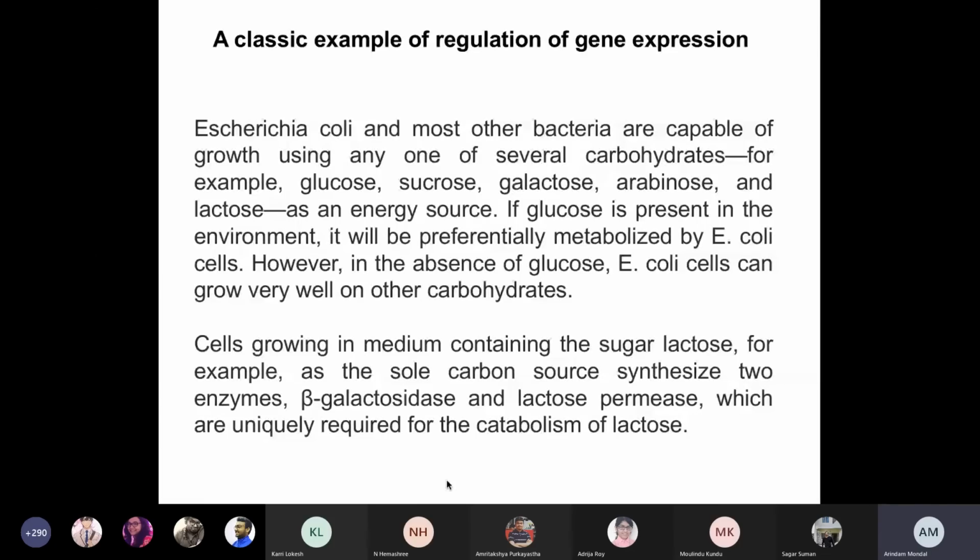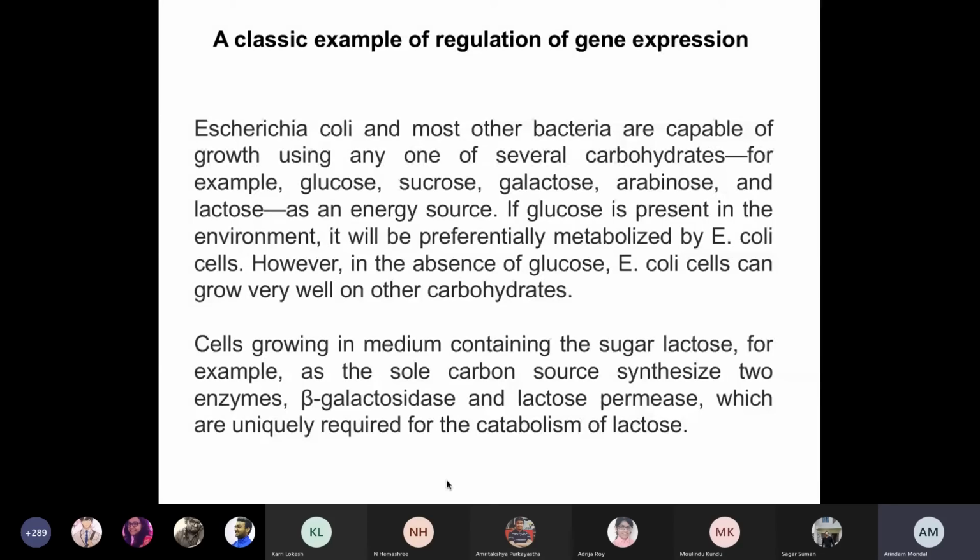Okay, now here we are going to talk about one very simple regulation which happens in bacteria. Because that's well studied and, to some extent, simple to understand. There are multiple different instances of regulation of gene expression in eukaryotes, but those are more complicated. We don't want to get into that complication right now.